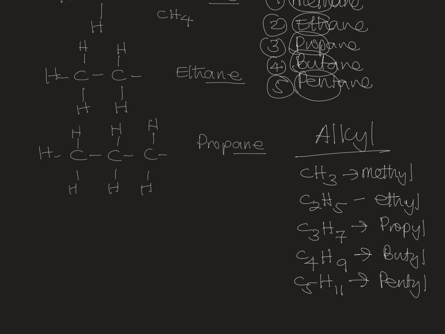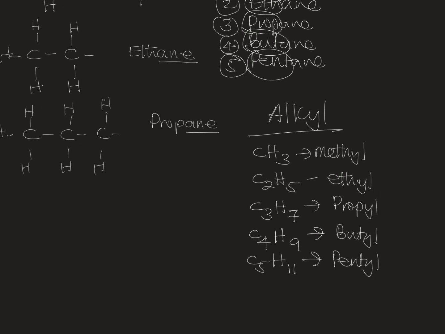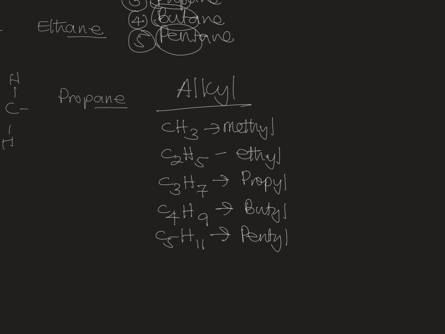So alkyl groups are formed when an alkane loses a hydrogen. The general formula for the alkyl group is CnH2n plus 1, where n is the number of carbons.